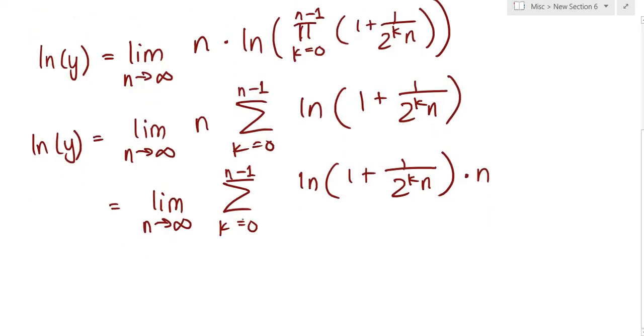Now let's plug in the value of infinity and see what is really happening with the function. When n approaches infinity, this thing will go to 0. So we'll have the natural log of 1, which is 0, and we're going to have an infinity here. So 0 times infinity is indeterminate.